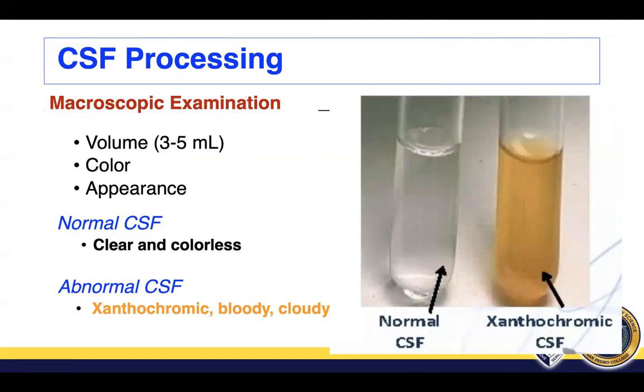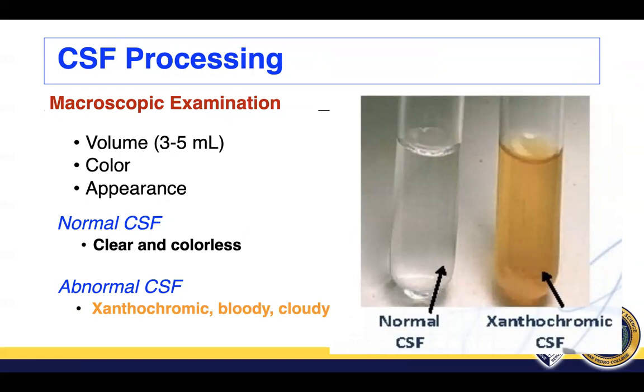Okay, so normal CSF is usually clear and colorless. When you perform macroscopic examination, you have to record the volume, the color, and the appearance. When you say appearance, you can check whether it's bloody, cloudy, or xanthochromic.